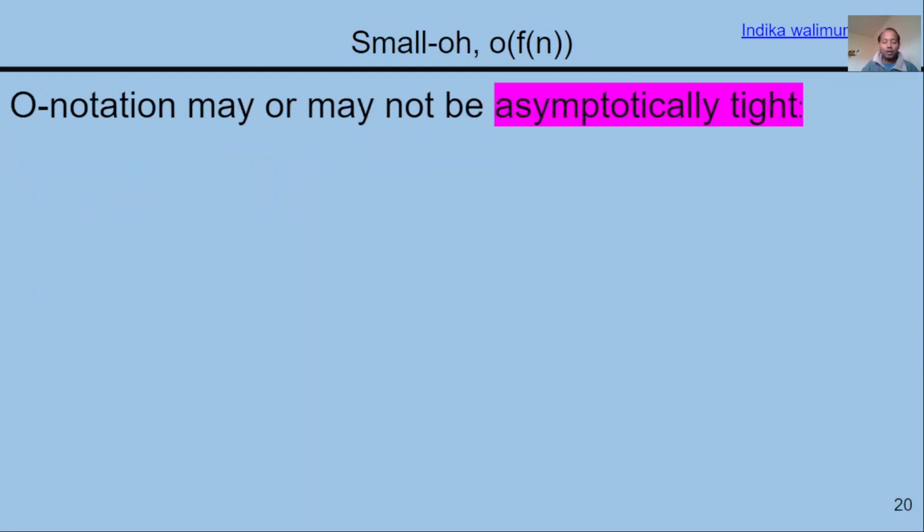All right, there are two more, lesser known notations. We covered the three major notations already, but there's a small o notation. One thing with big O notation is that it may or may not be asymptotically tight.